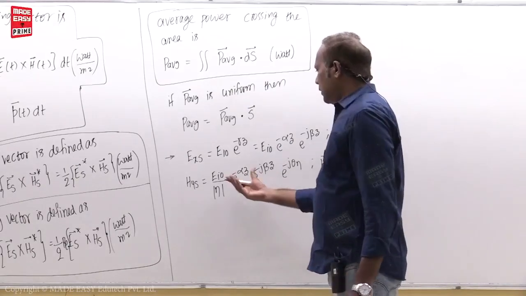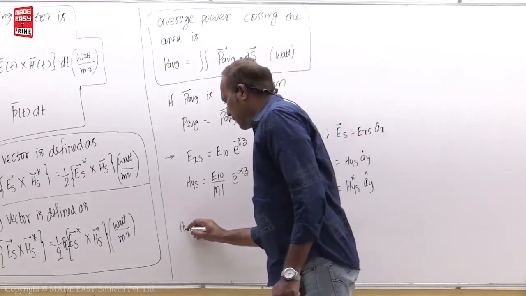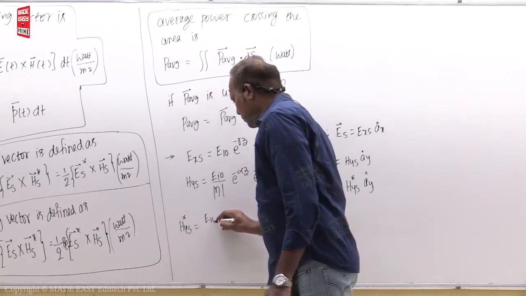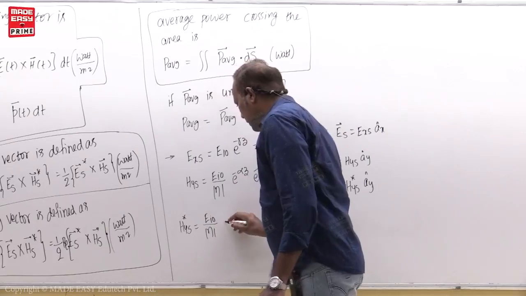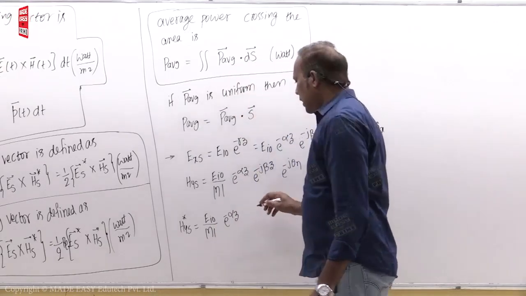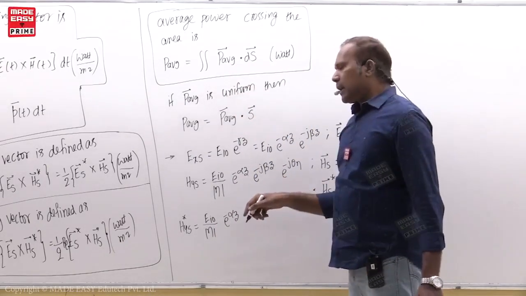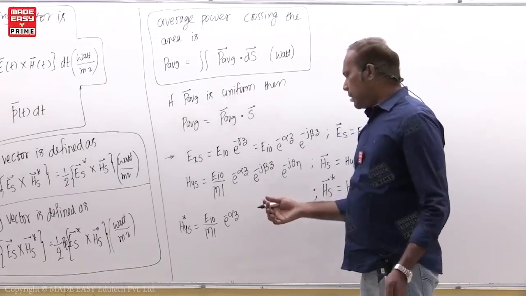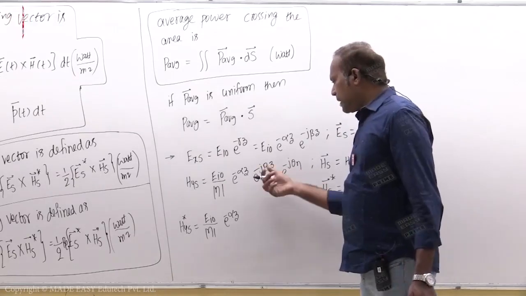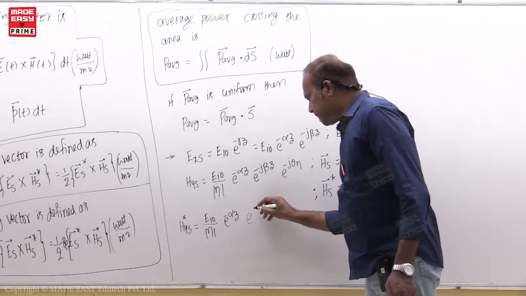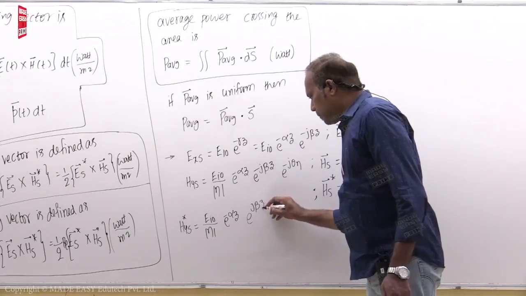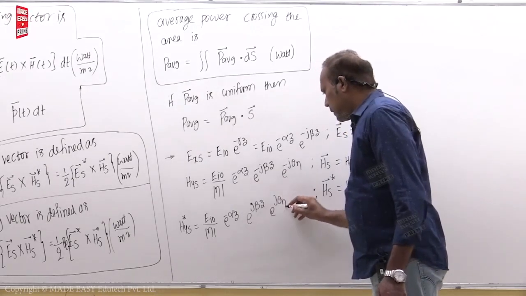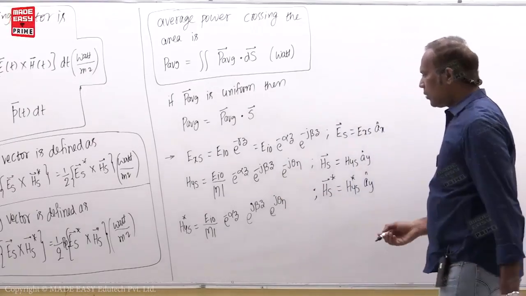Now you take the complex conjugate of this one: H_YS star is equal to E_I0 divided by modulus of eta e power minus alpha z. Wherever plus j is there, the complex conjugate is minus j. If minus j is there, the complex conjugate is plus j. So here minus j is there, the complex conjugate is e power j beta z, and this one is e power j theta eta.